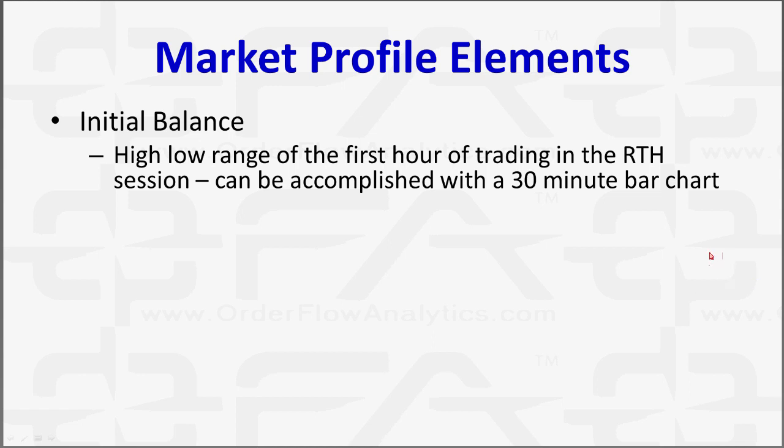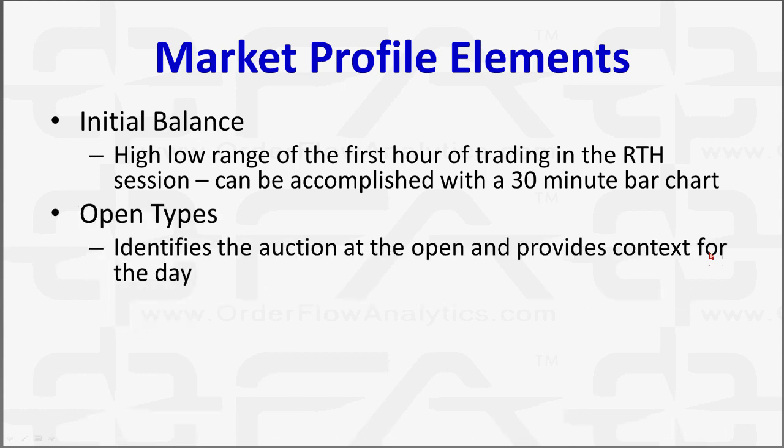So the first hour of trading in the RTH session is called the initial balance. It identifies the auction at the open and provides context for the day. Part of the market profile is open auction, and we'll talk about this as we go forward. An open auction is an auction that opens up and there's trading on both sides of the open.